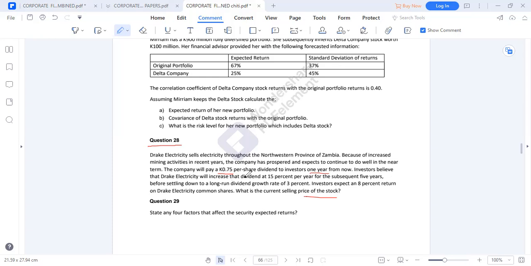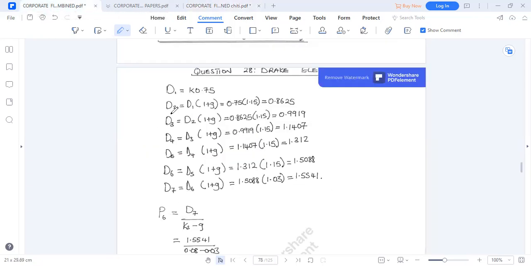Investors believe in starting with a 15% growth for the subsequent 5 years and 3% thereafter. They have an expected rate of return of 8%. What is the value of stock today? So it's starting from D1. So you can calculate the future value and discount them.